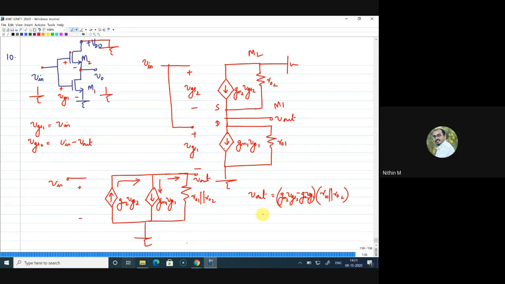Or inside this you can write GM2 into, in place of VGS2 you can write V in minus V out, minus GM1 into VGS1 as V in, the entire thing R01 parallel to R02. This is your V out.